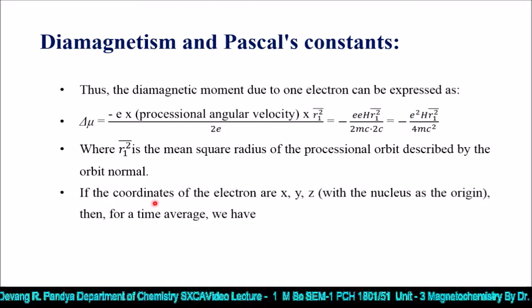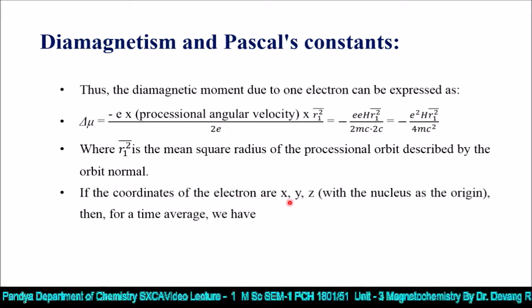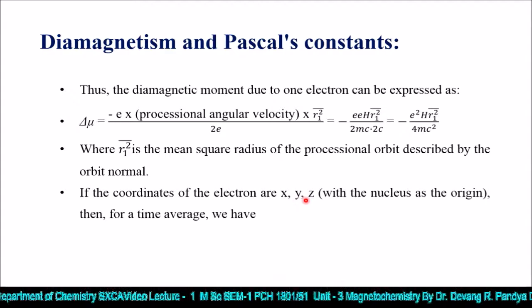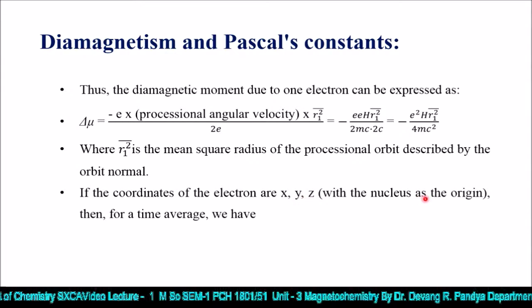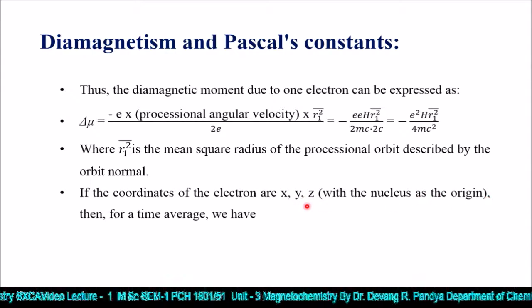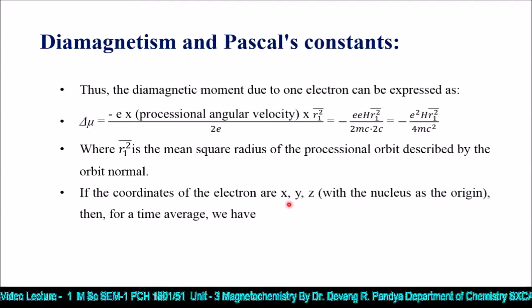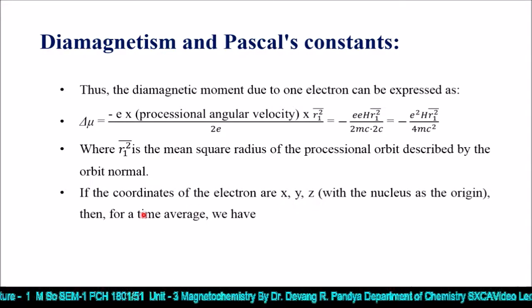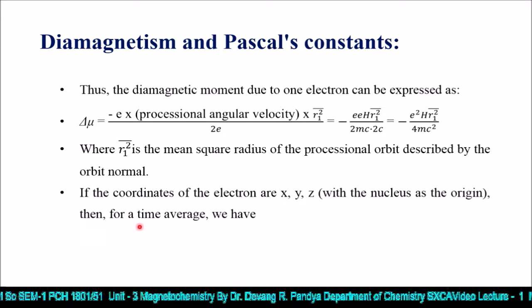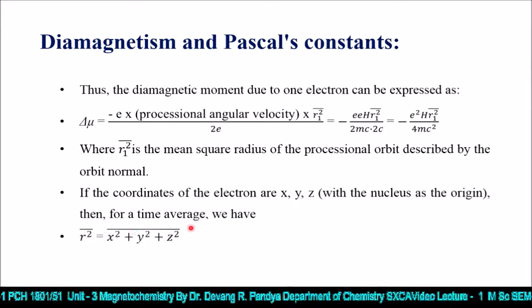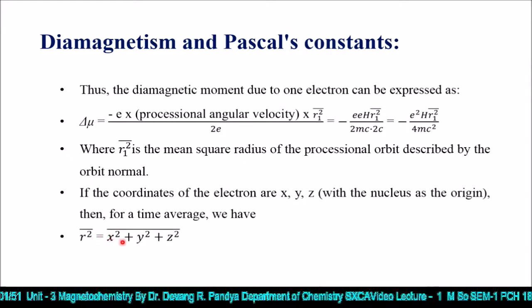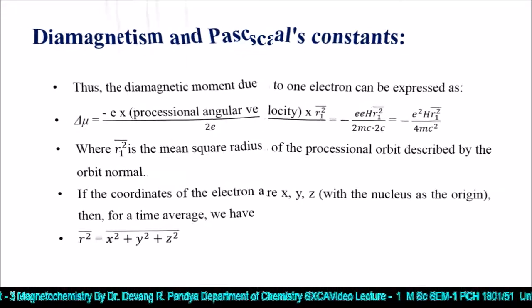If the coordinates of the electron are x, y and z Cartesian coordinates with the nucleus as the origin, that means the nucleus in the center, and from that center the x, y and z directions, then for a time average we have r square is equal to x square plus y square plus z square.